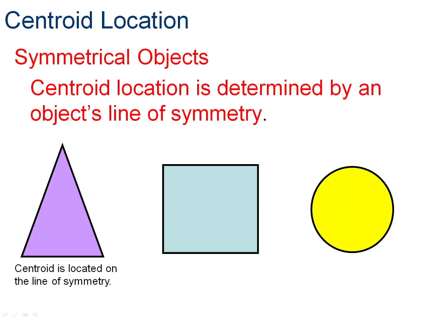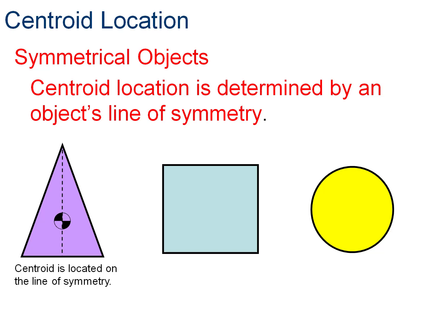Now the centroid for a symmetrical object, as you probably already know from your life experience, is in the middle of that plane of symmetry. So if we look at a line of symmetry, an example would be a triangle for the first one, you'll see that the centroid's located along the middle of that triangle because this triangle happens to be equal on the right and left sides, or it is symmetric.